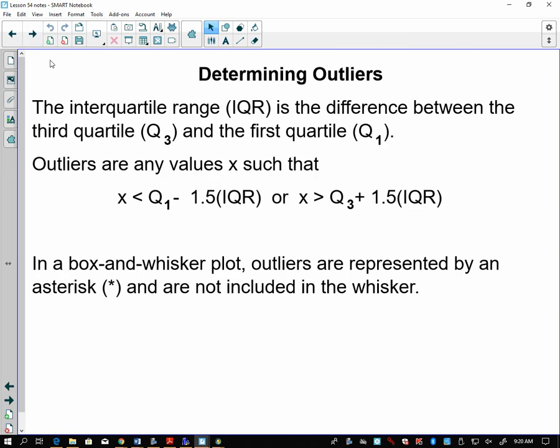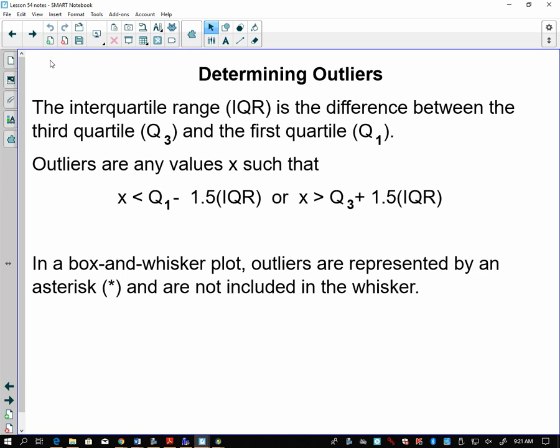The interquartile range, IQR, is the difference between the third quartile, Q3, and the first quartile, Q1. Outliers are any values of x such that the outlier is less than quartile 1 minus 1.5 times our interquartile range, or IQR, or greater than Q3 plus 1.5 IQR.